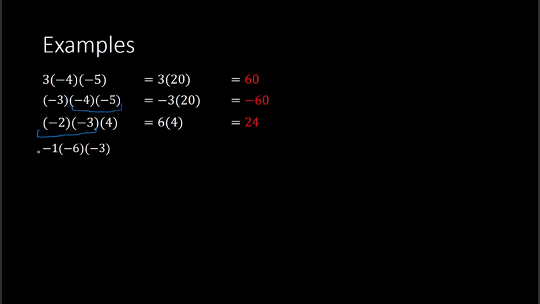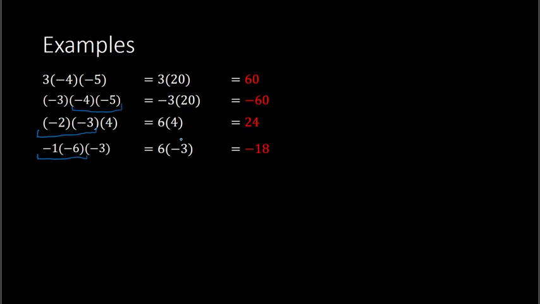We have a -1 times a -6 would give me a positive 6, because 1 times 6 is 6. Negative times negative gives me a positive. So we have positive 6 times a -3. Positive times negative gives me a negative number. 6 times 3 is 18. So my answer is -18.